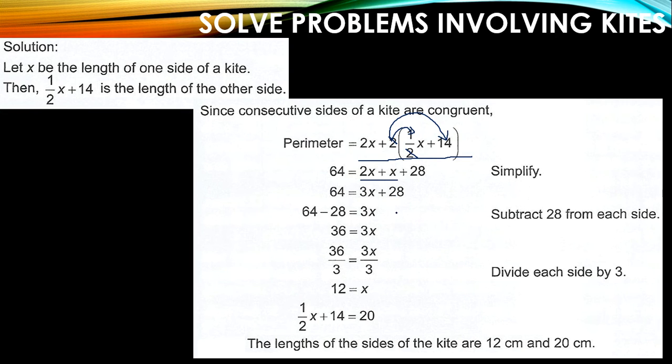We can use the transpose method. You can transfer 3x plus 28 to the left and 64 to the right without changing their signs. So it becomes 3x plus 28 equals 64.